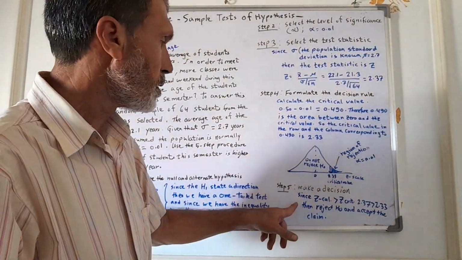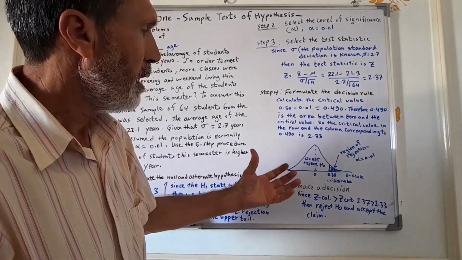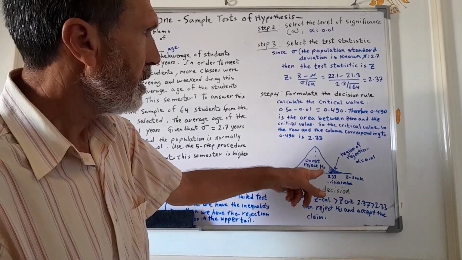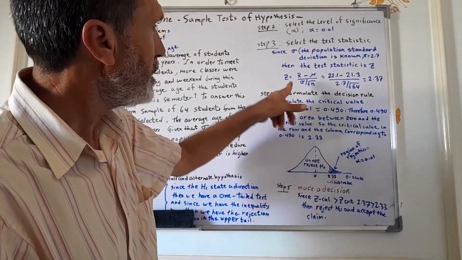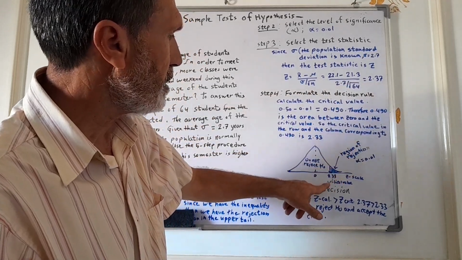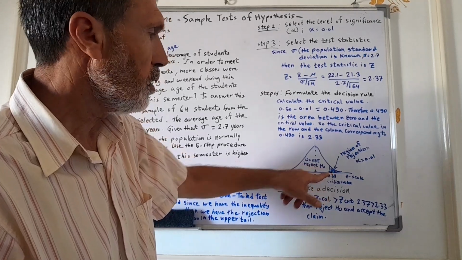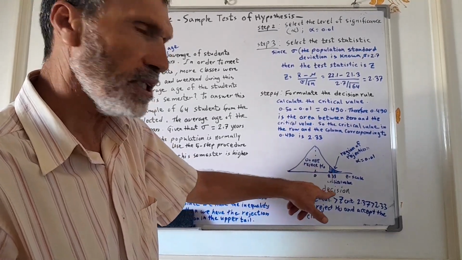Okay? So now we move to step 5. After we have shown that the z value 2.37 is greater than 2.33, therefore we are in the rejection region. So step 5, make a decision.